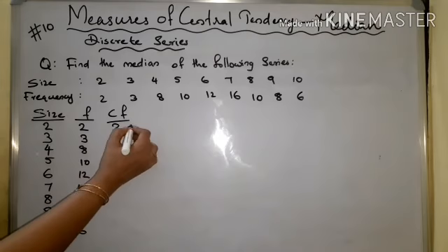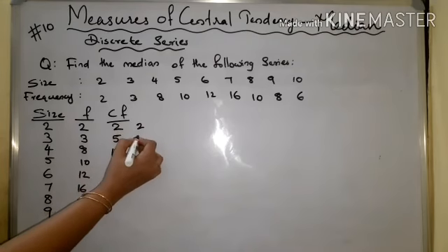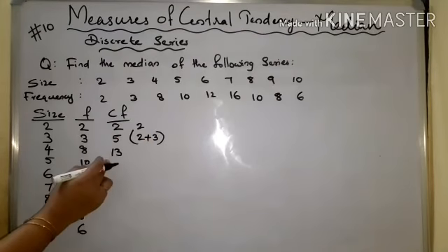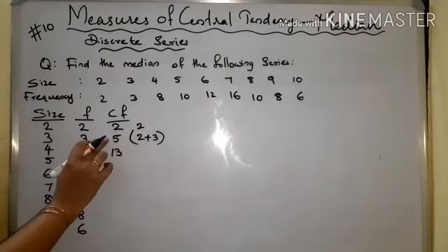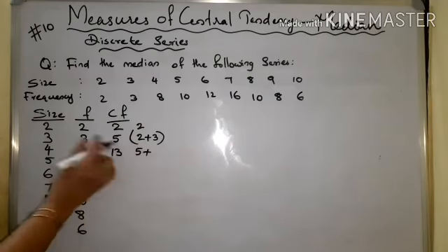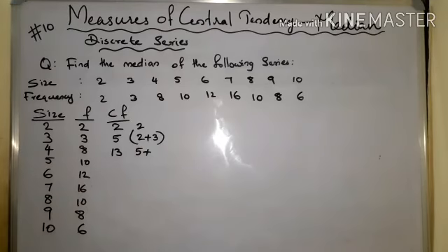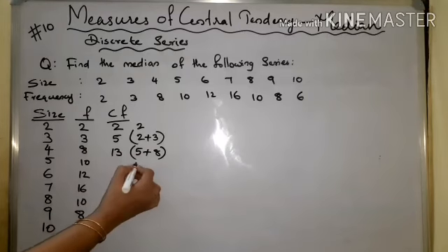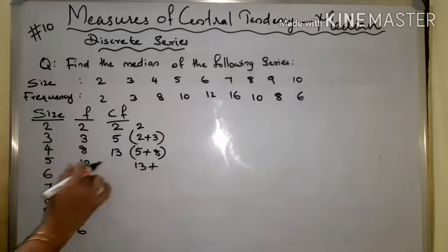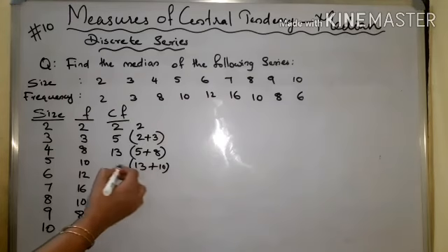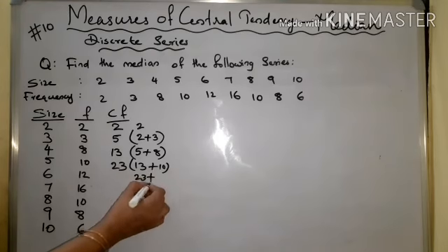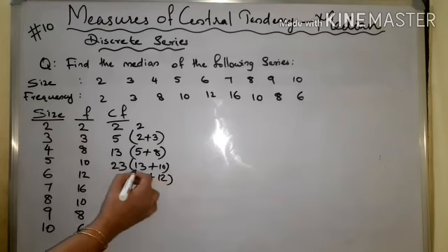Then next, this 13 plus this 10, that is 23. Next, this 23 plus this 12, 23 plus 12, that is 35.